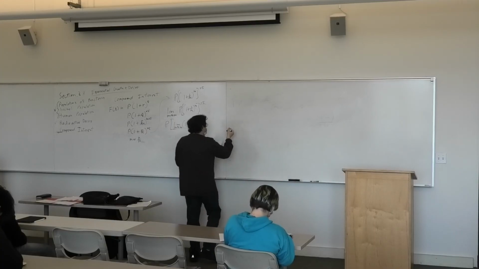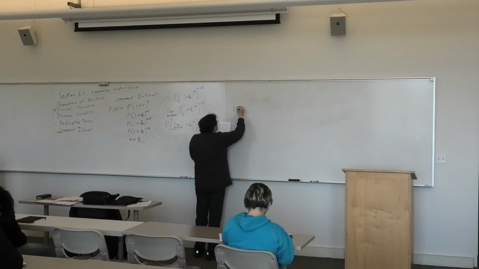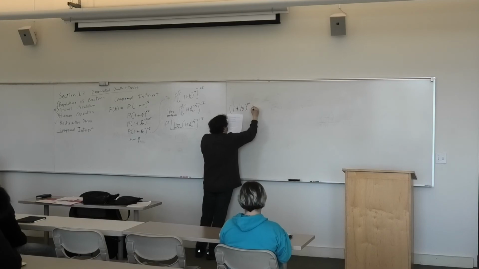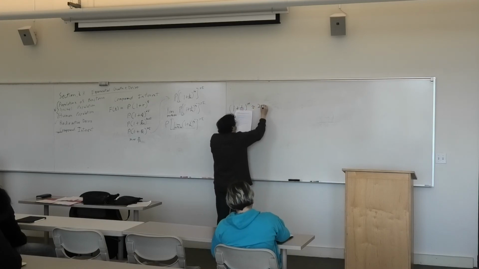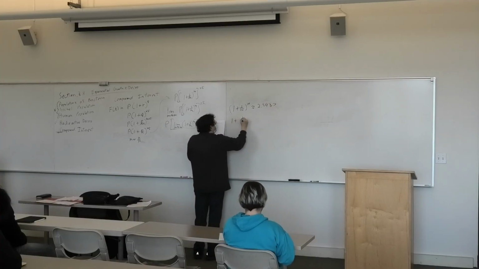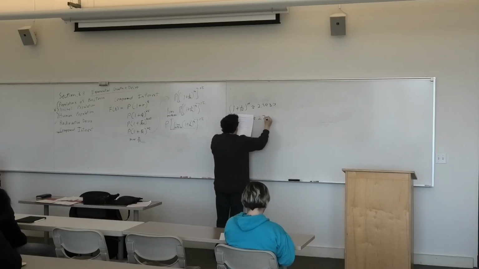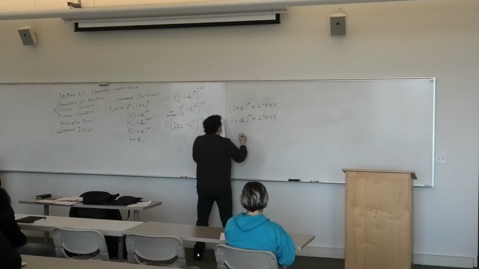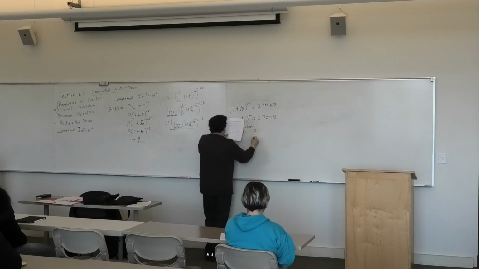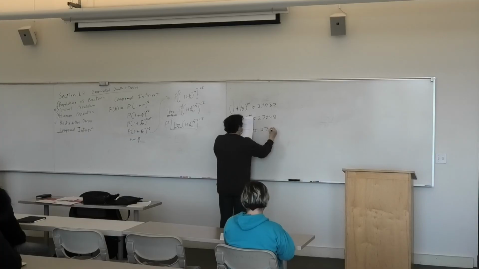Just running through these numbers here. 1 plus 1/10 to the 10 is approximately 2.597. 1 plus 1 over 100 to the 100 is 2.7048. 1 plus 1 over 1,000 to the 1,000 is 2.7169.